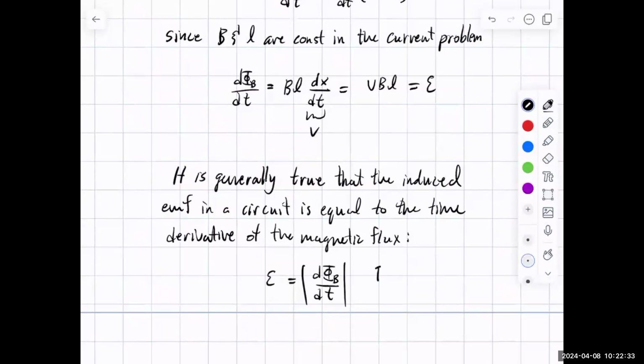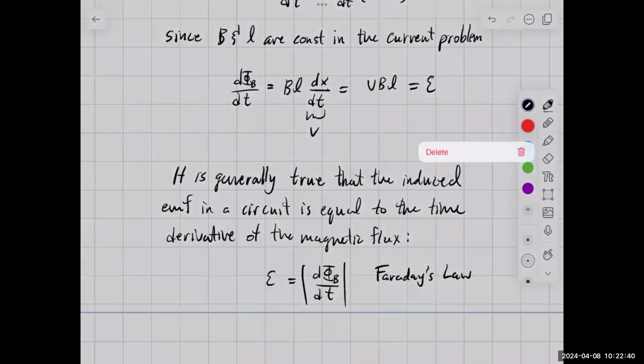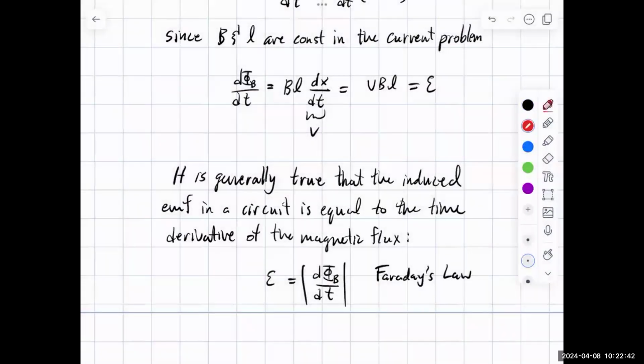And this is known as Faraday's law. So this is one of the last big results that we'll develop in Physics 121.